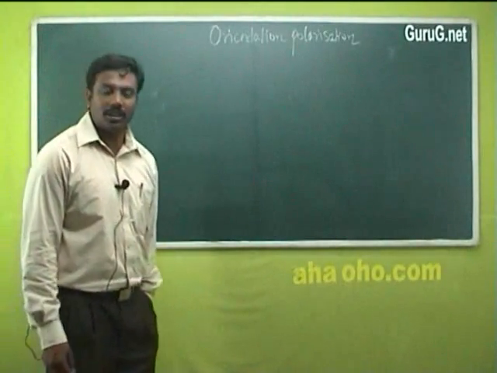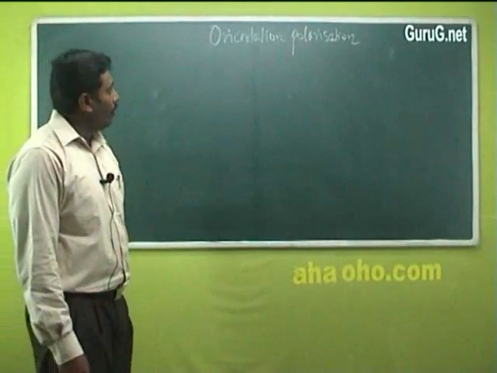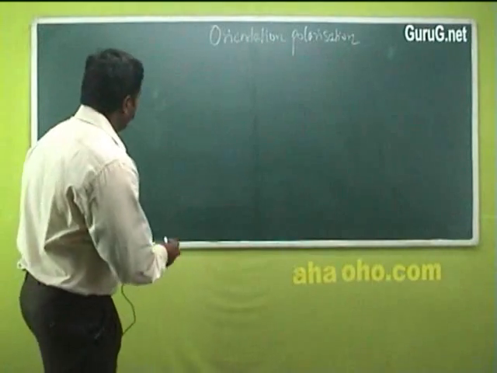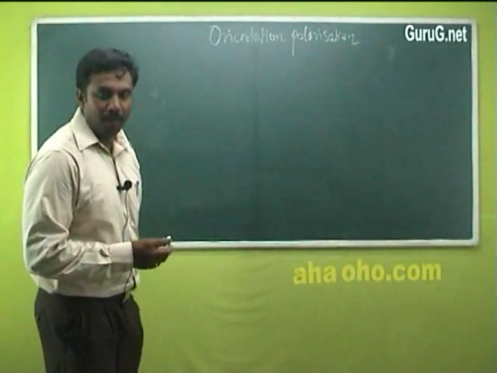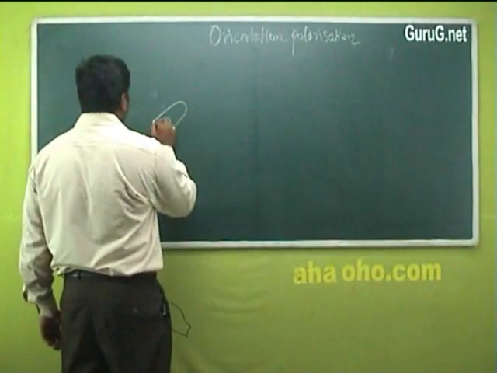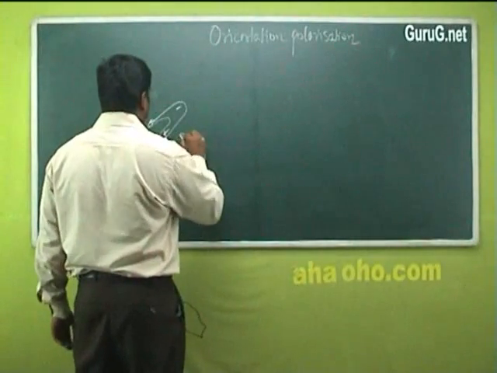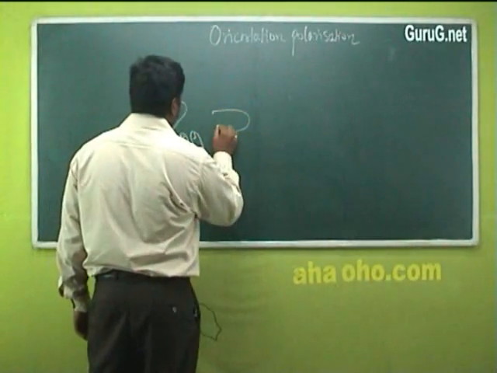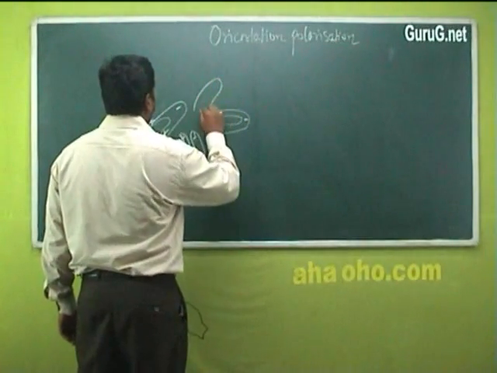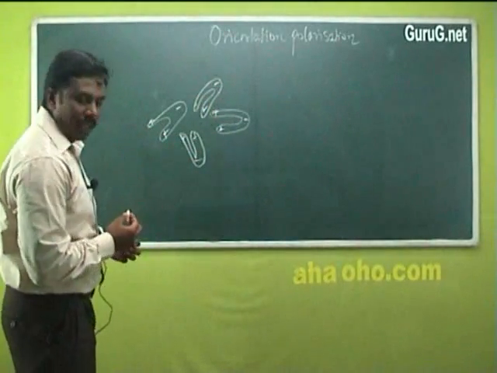Orientation polarization. This type of polarization occurs in dielectric materials where we have permanent dipole moment, or with polar molecules. These polar molecules have permanent dipole moment, and all these dipole moments are randomly oriented before the application of the electric field.